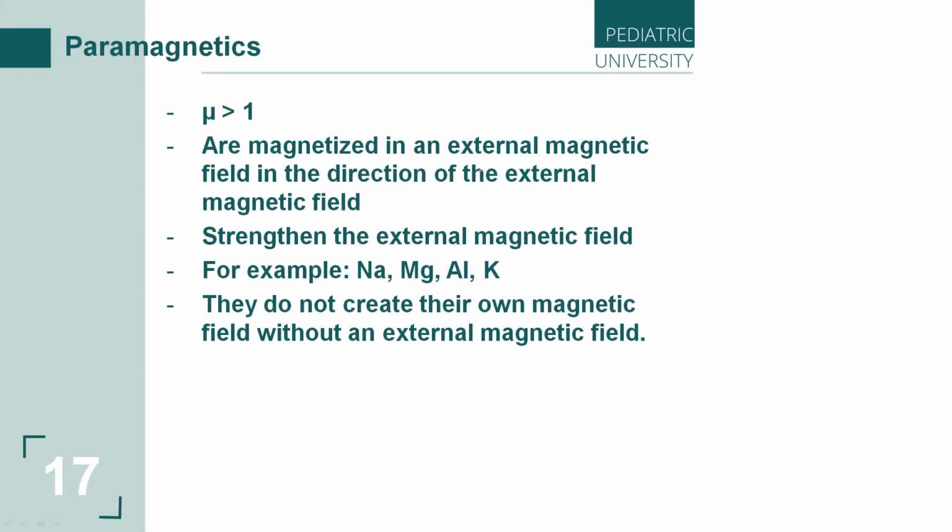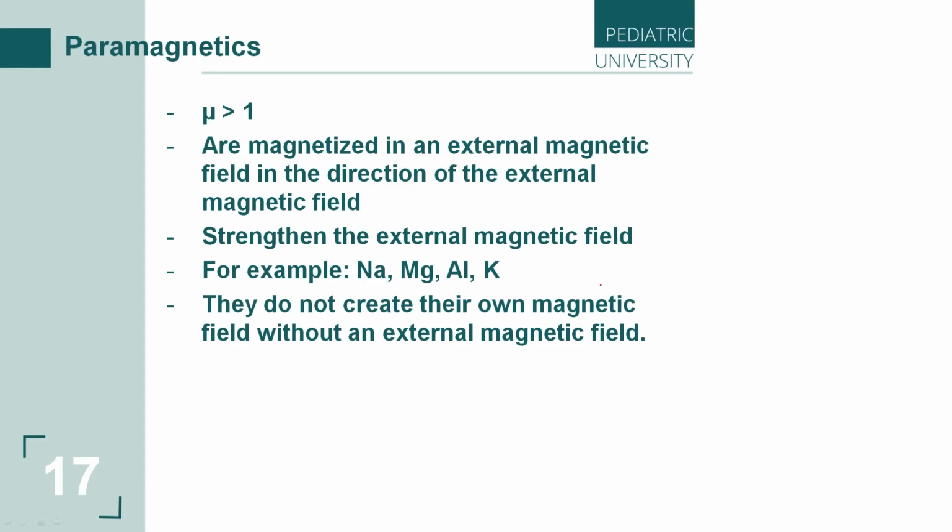For example, sodium, magnesium, aluminium, potassium. Moreover, they don't create their own magnetic field without an external magnetic field. Don't forget about it, please. And they can strengthen the external magnetic field.